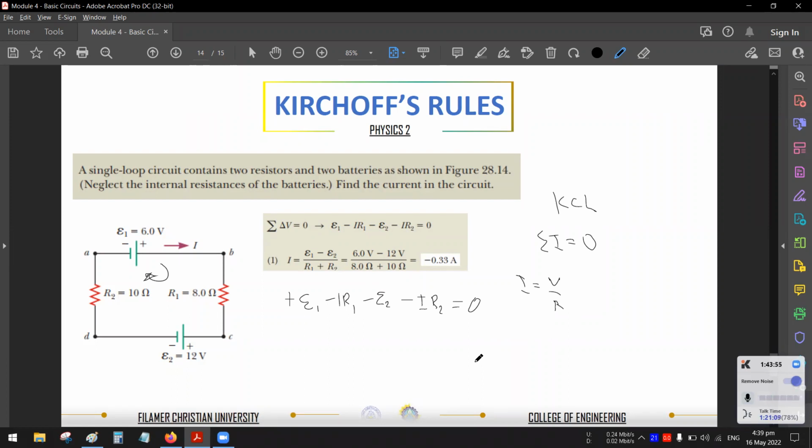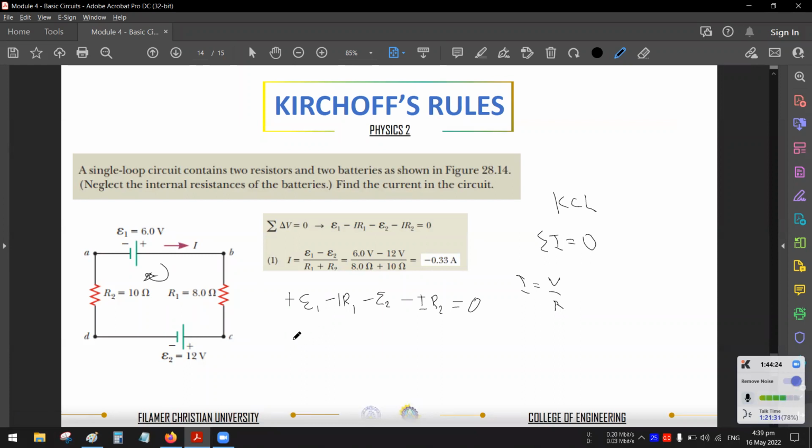Okay, so first, titignan natin, no? So solve natin. Yung total current natin, we have here the formula now, that is I is equal to E sub 1 minus E sub 2. This is your potential difference of these two voltages. That is 6 volts minus 12 volts.